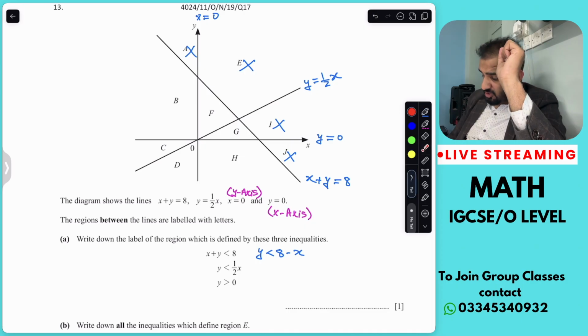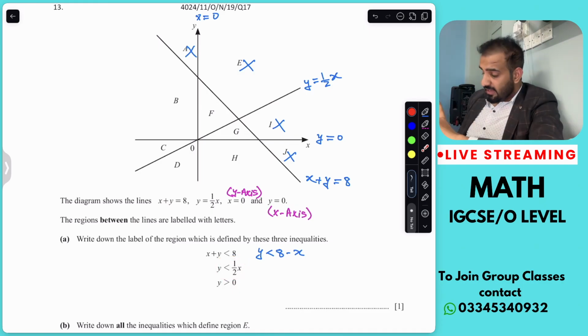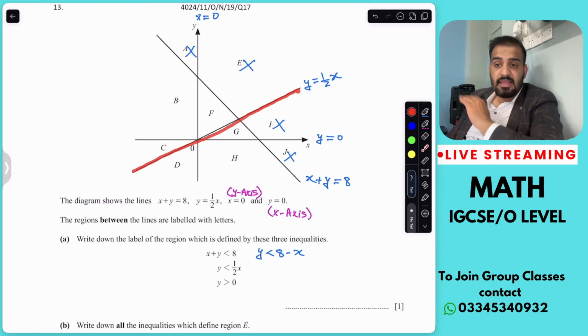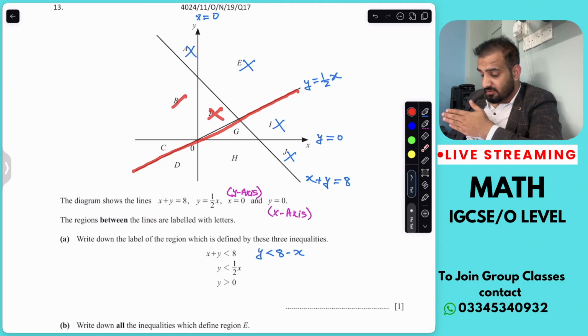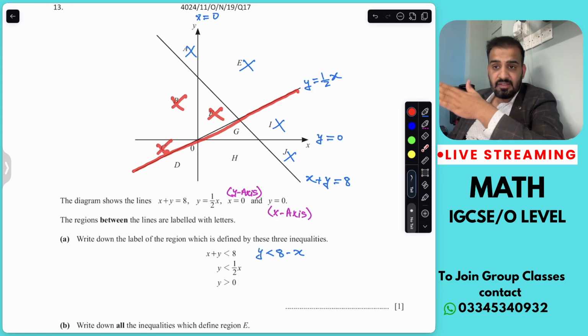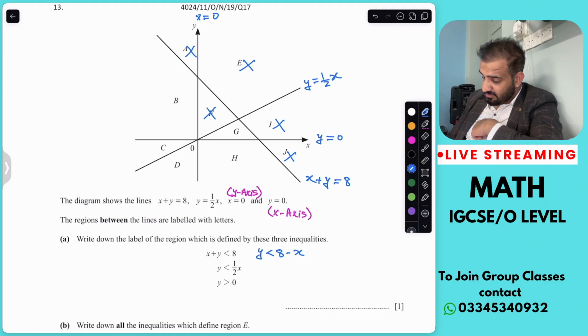So now you have these options. Look at y less than 1 over 2x. This is y is equal to 1 over 2x. So if y is less than, it means these are cancelled out, because y less than means below the line. So now we are left with G, D and H. y is greater than 0.